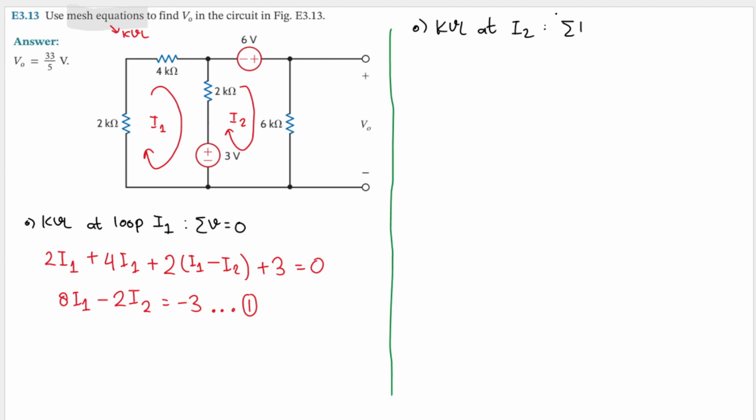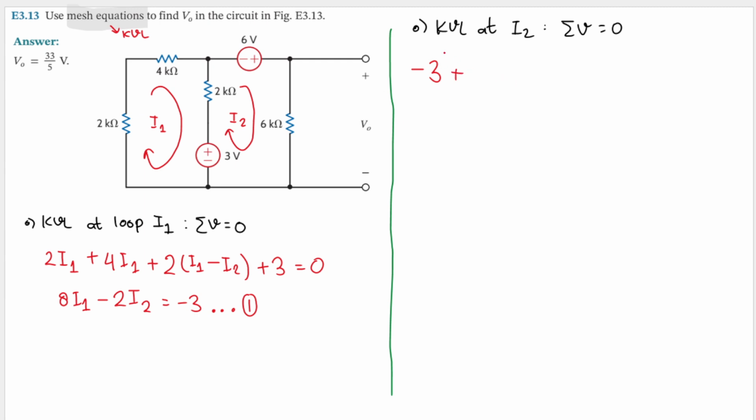So the sum of the voltage in a loop will equal 0. Good. Now, let's start from this 3-volt voltage source. And here, the current is flowing from the negative terminal to the positive terminal. So the sign will be negative because it is going into the negative terminal. So we'll have minus 3 here.